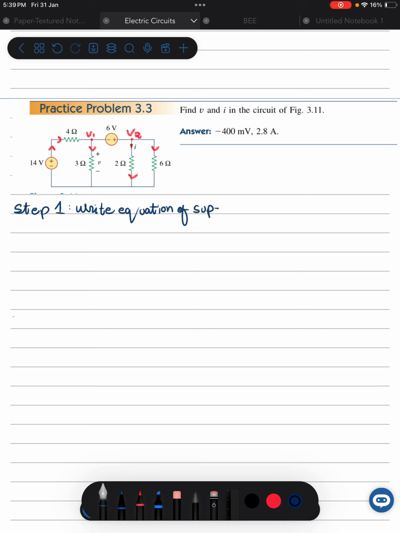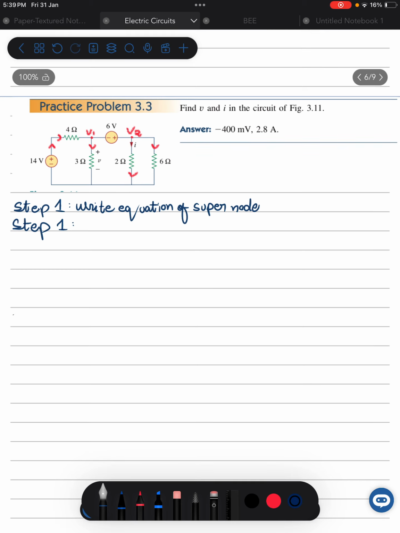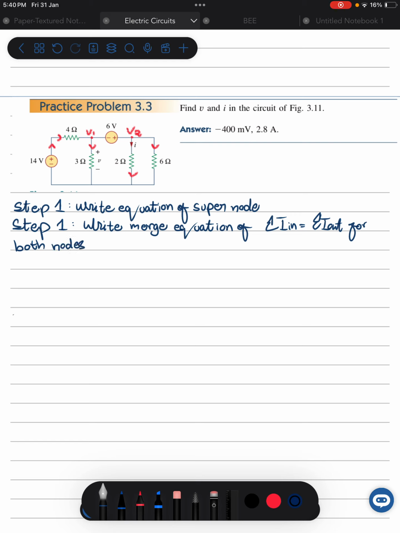Step number 2 would be to write down the merge equation of current entering and current leaving both the junctions V1 and V2 using KCL: the sum of currents in is equal to the sum of currents out for both nodes V1 and V2, using KCL, which is also known as nodal analysis.